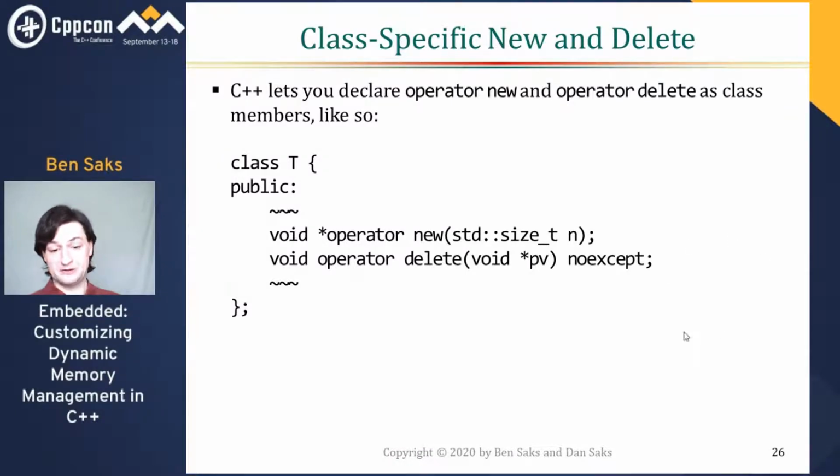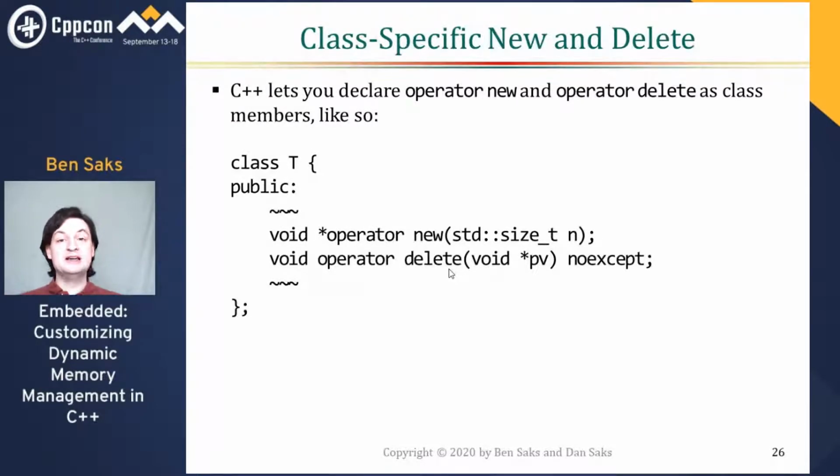Now, the objects of type T are always going to be the same size. So what you could do is that if it turns out that objects of type T and type U and type V are all of the same size, you could write it so that the class-specific new and delete for T and U and V all pull from the same memory source on the back end.